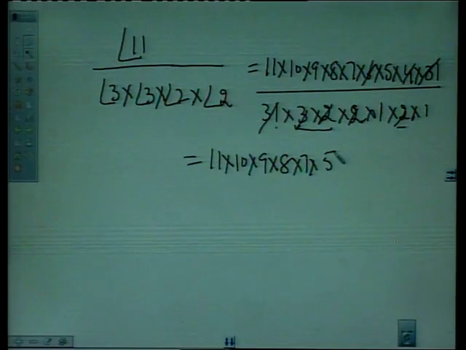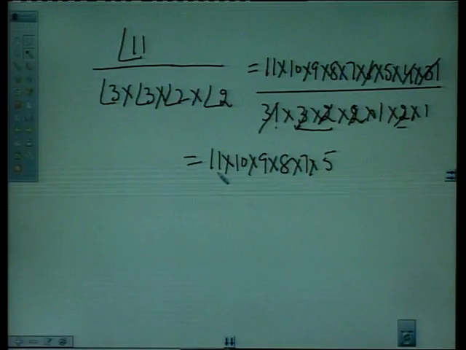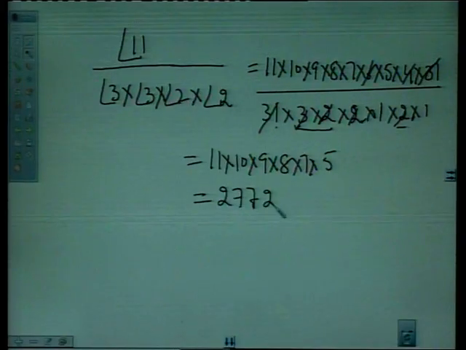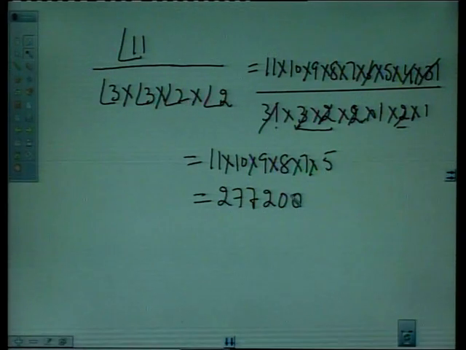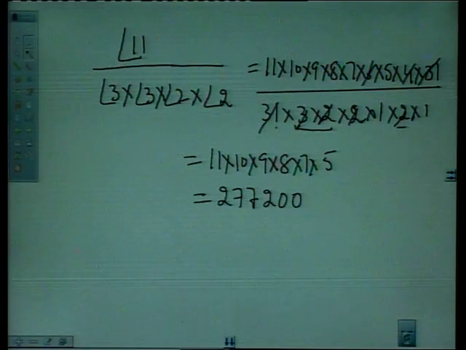Multiply all these terms. First multiply 11 by 10, then by 9, 8, 7 and 5. We get the answer as 277,200. This is how we can find the total number of arrangements that we can make from the word engineering. Let's do one more question.